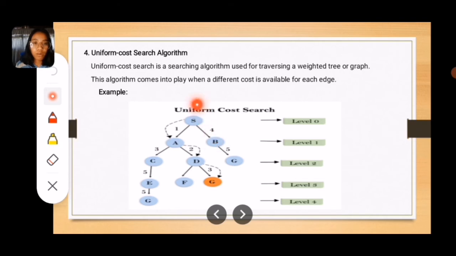Obviously, it goes to 1 because 1 is smaller than 4. Then 3 and 2. The selected path is 2 because 2 is smaller than 3. So, when we come to D, it is 3. Then we reach the goal node G.